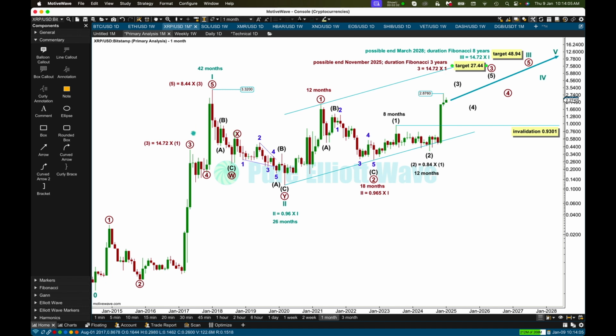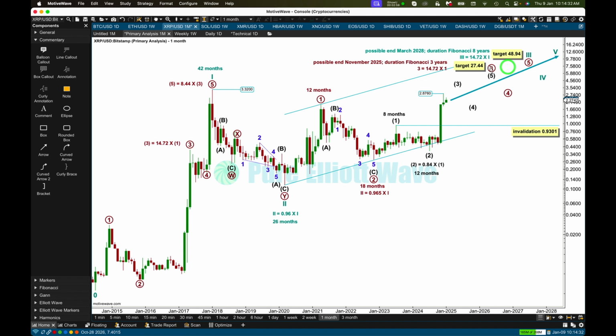I am using a previously exhibited ratio between a big 3rd and 1st wave for this market, because I think that might have a reasonable probability. It's a reasonable expectation. It's done it before. It could do it again. If that happens, then primary 3 would reach 27.44. Now I'm using the Fibonacci number series to calculate when these waves may end. So I've got where and I've got when for you.